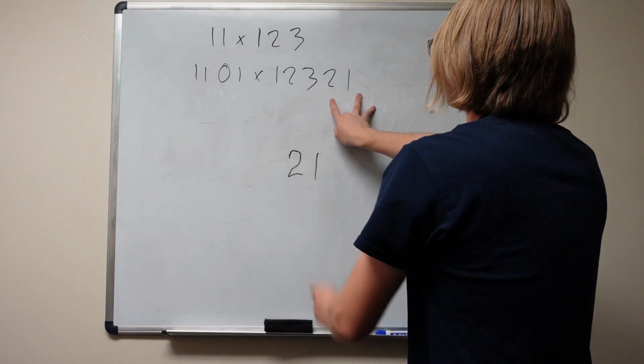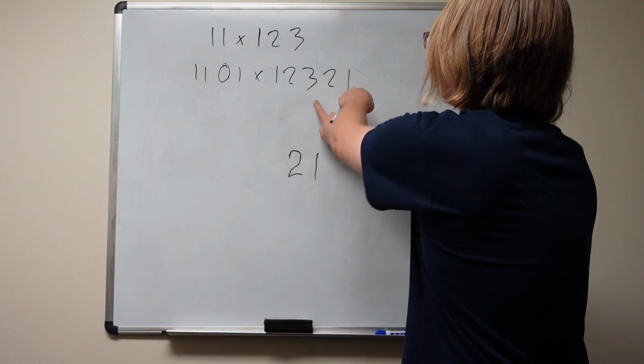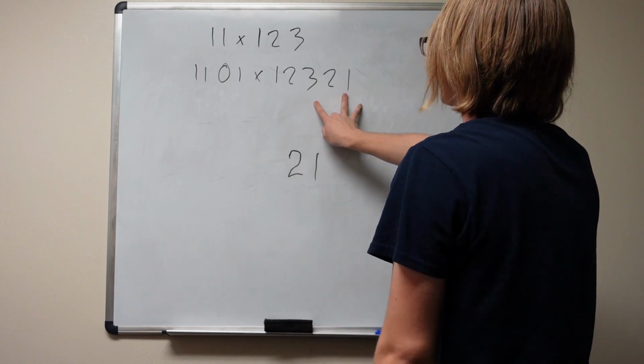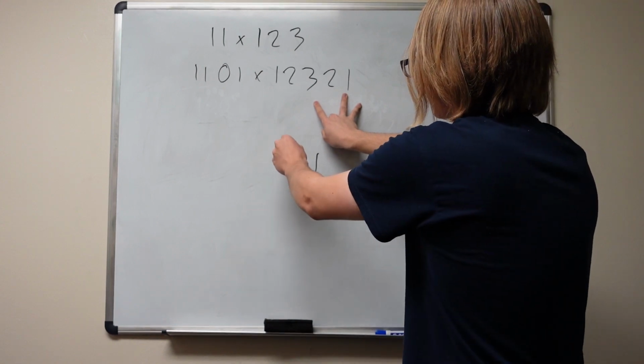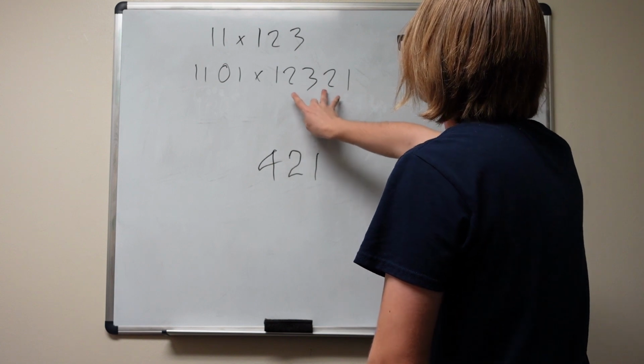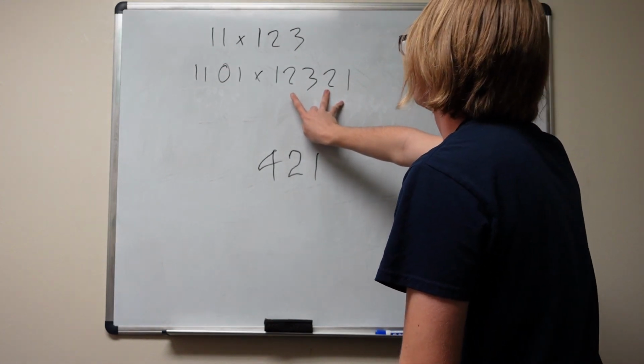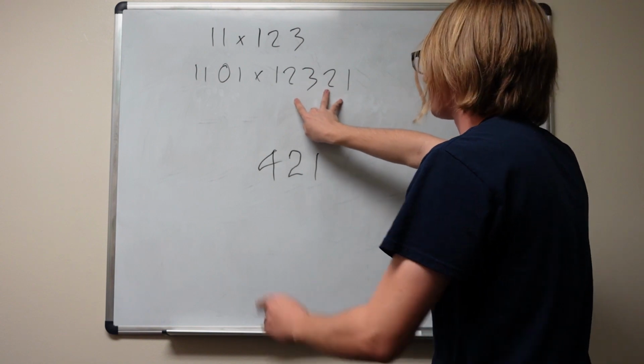At my pointer finger, here we have my pointer and my ring finger on a number, so it's 3 plus 1, which is 4. It's hard writing with my left hand. Here is 2 plus 2 plus 1, which is 4 plus 1, which is 5.